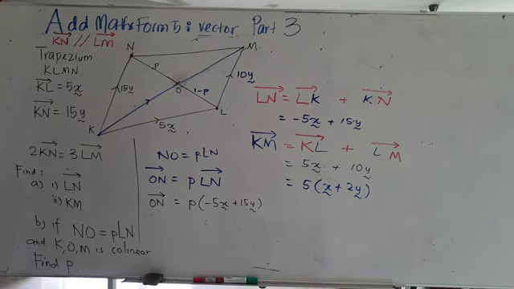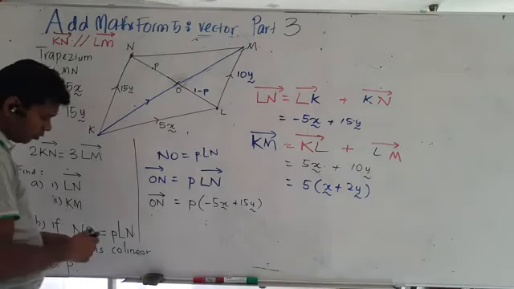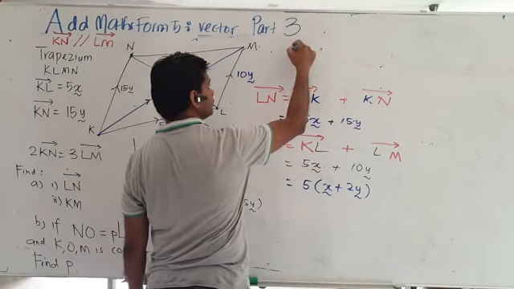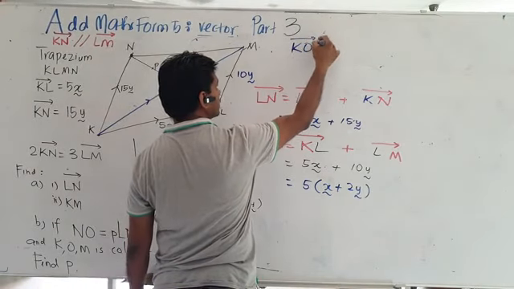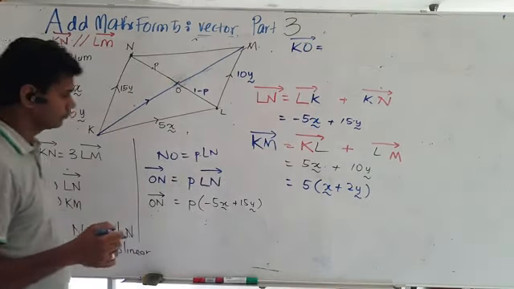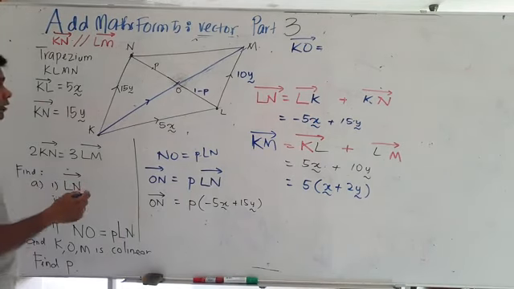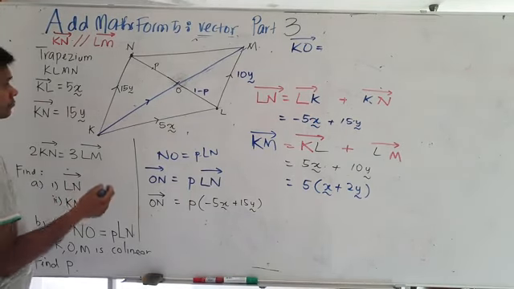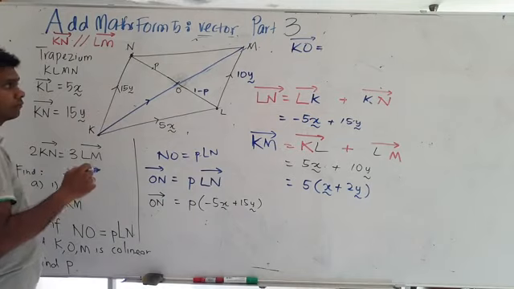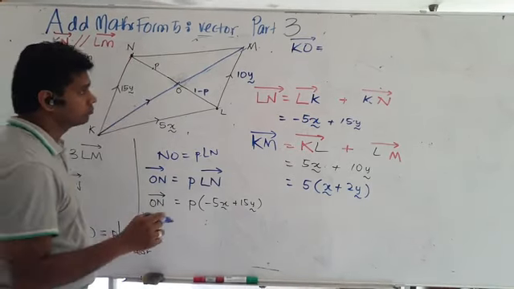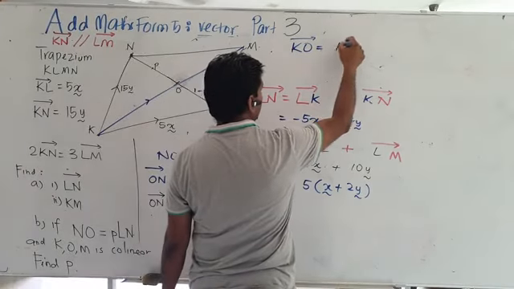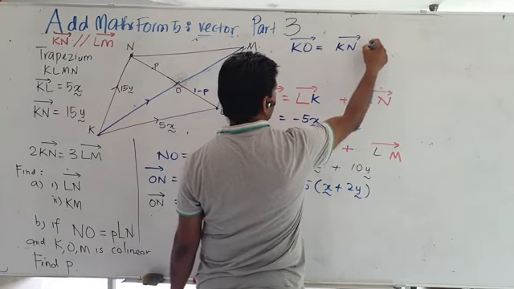So I'm going to write on top. What is KO? Let's create an equation. KO is the same as KN plus NO.